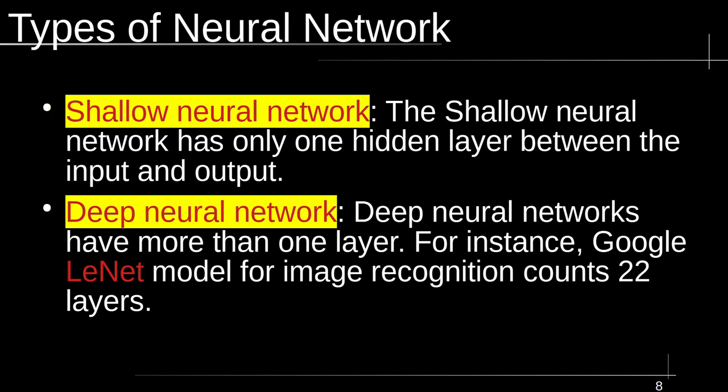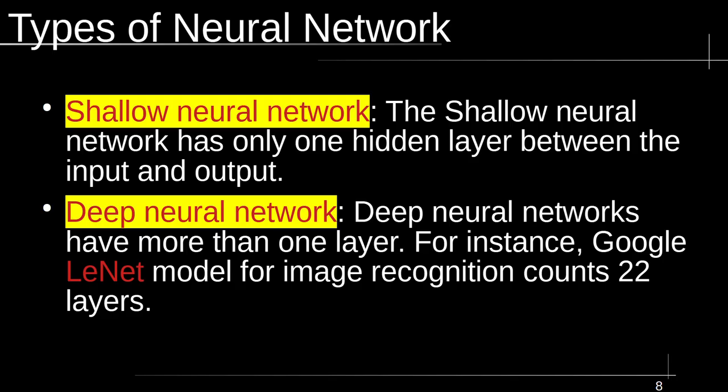Basically, there are two types of neural network. First one is the shallow neural network, and the other is the deep neural network. As I said, a shallow neural network means we have one hidden layer, one input layer, one output layer. This type of neural network is not good for training models, but for simplification or simply understanding purposes it is okay.